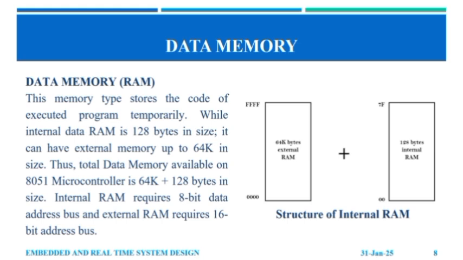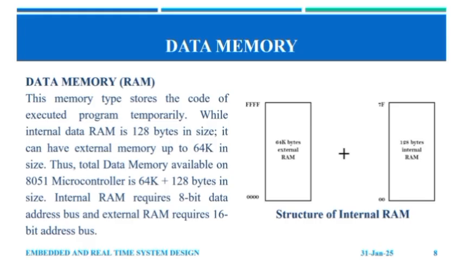So the internal RAM of the microcontroller is made up of 128 bytes, which is an 8-bit data address bus, while the external RAM of the data memory is made up of 64 kilobytes, which is a total of 16 bits of address bus.